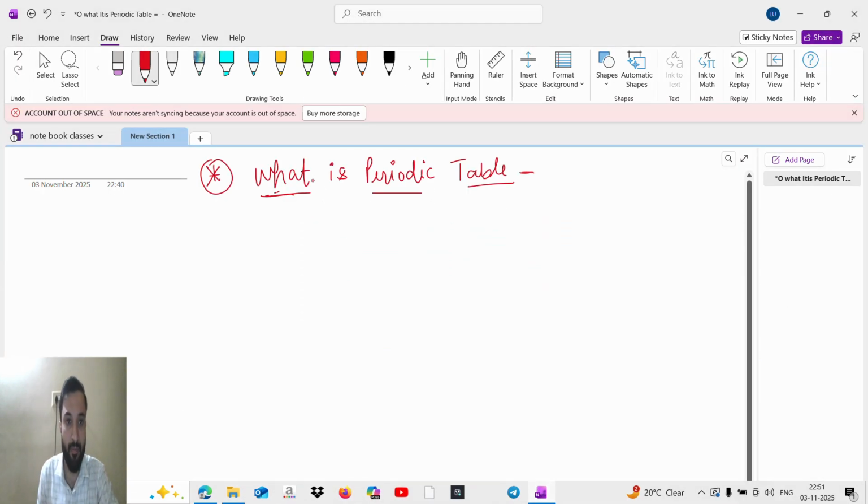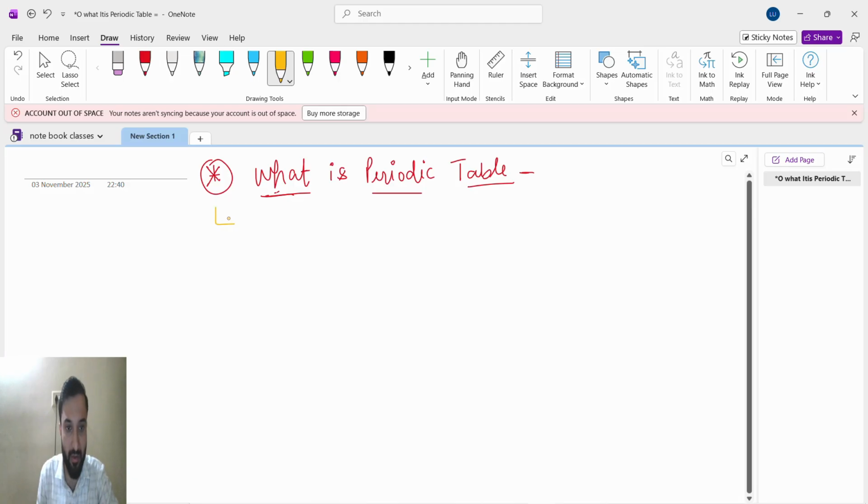So the first thing we will write is: what is the periodic table? We will write that it is a chart. Which chart? Not an aloo chart or a pani puri chart.